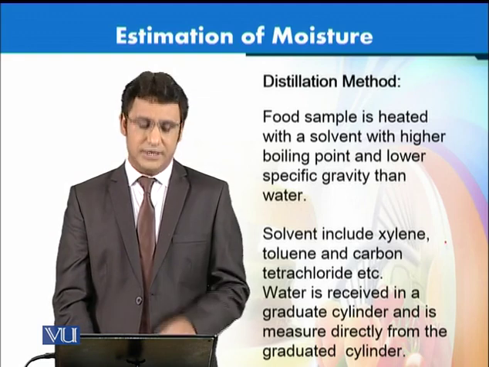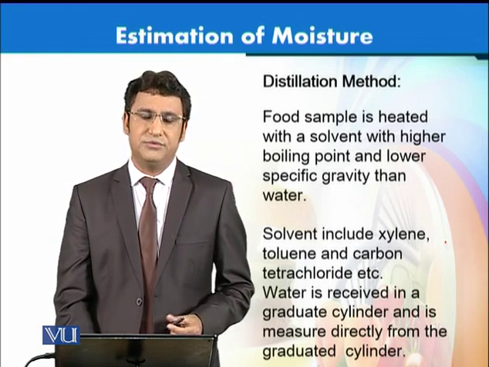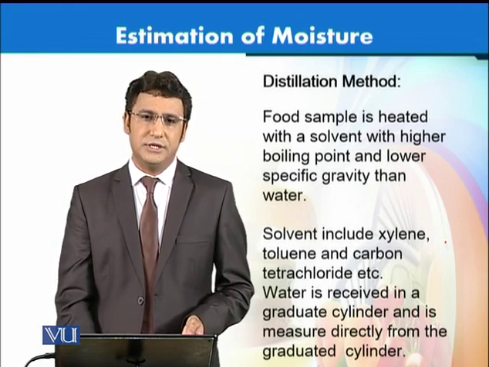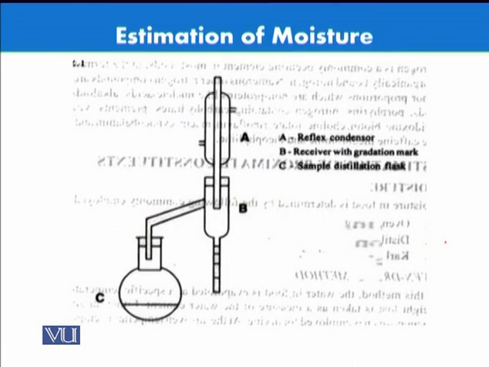If you look at the picture of the apparatus for the distillation procedure, it has a flask where we add the food sample, and then this food sample is covered with the solvent. Once we apply heat, this heat evaporates the solvent as well as water into the condenser.